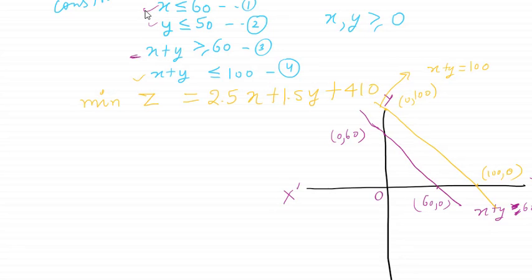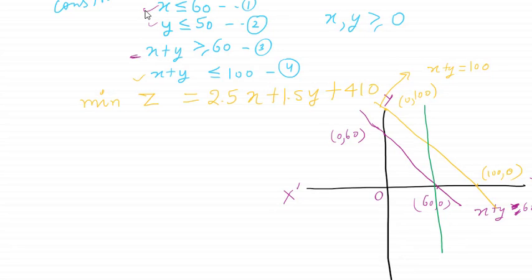Now we have to draw these other lines, that is x equals to 60. So at x equals to 60 I'll draw now. It will just pass through here.